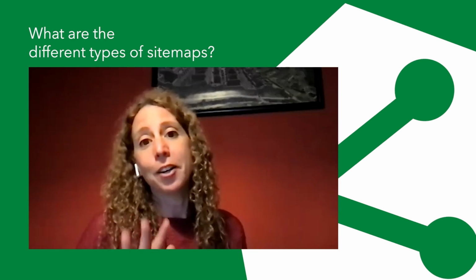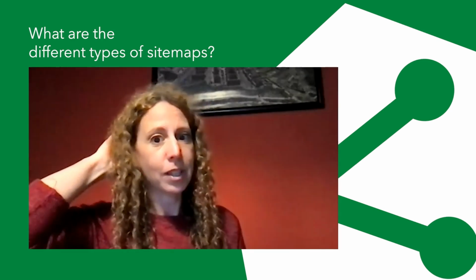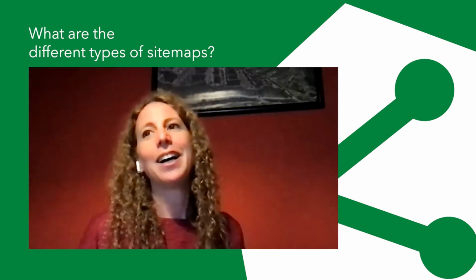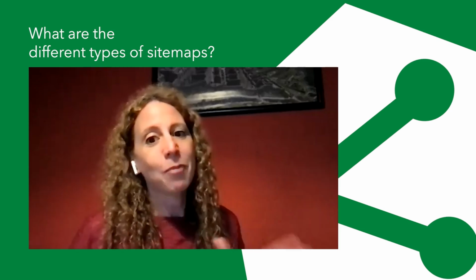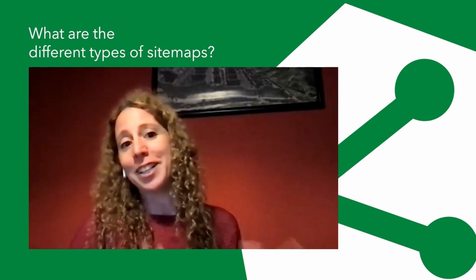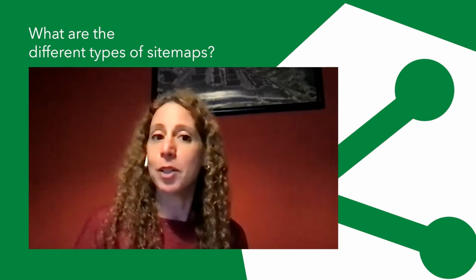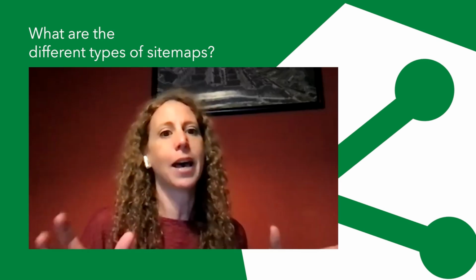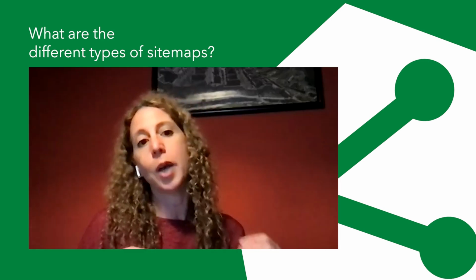The other kind of file we can have is an HTML file, which is actually made for humans. This one is just for humans. It will help crawlers and search engines as well, because all of the sitemaps are made to help.